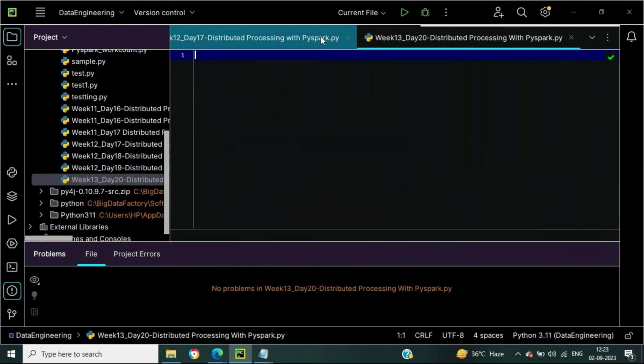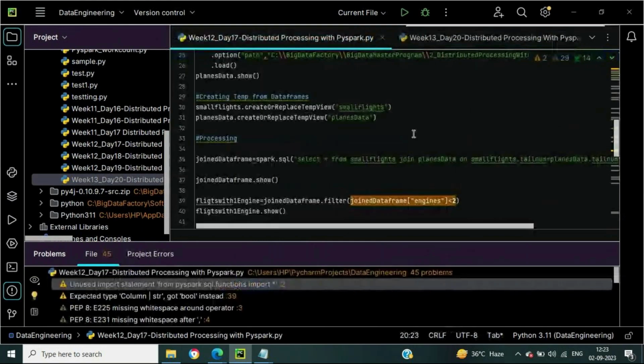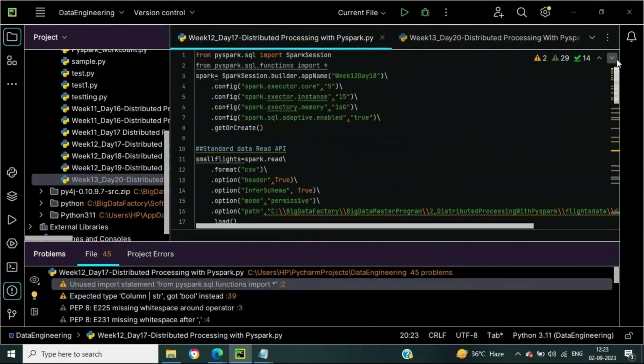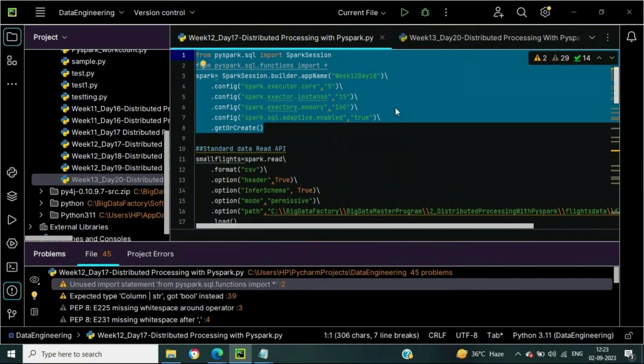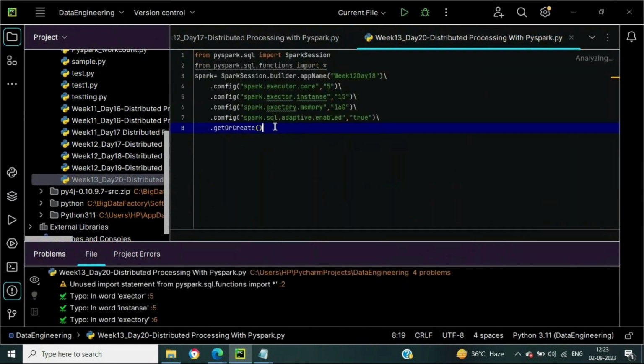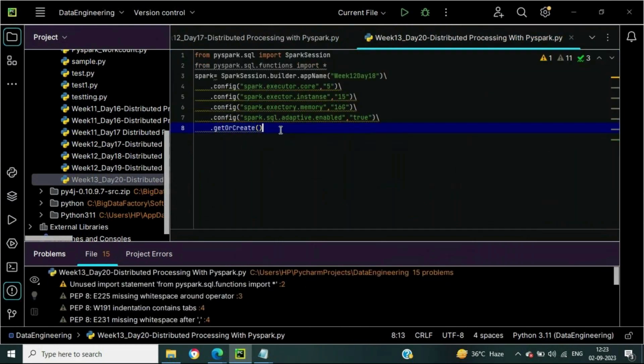Okay. So we are going to copy boilerplate code. So Spark session has been created.